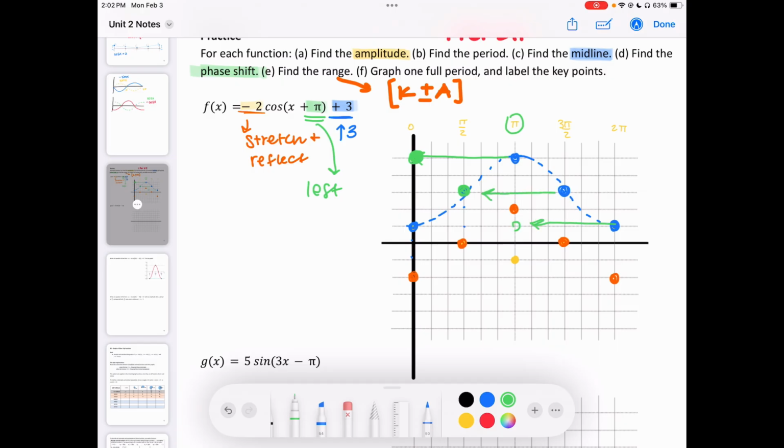So now your final curve will be here. Now, if you want to continue it, you can. It would look like that. Notice it no longer even looks flipped because we've made so many changes to it that now it just looks like it got moved up and it stretched. The reflection doesn't even look relevant anymore, but we did reflect.